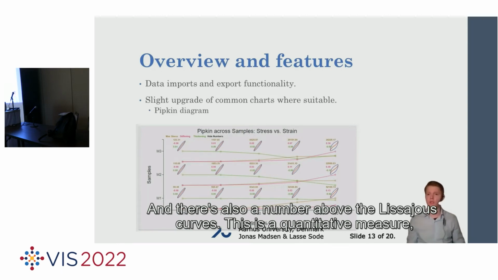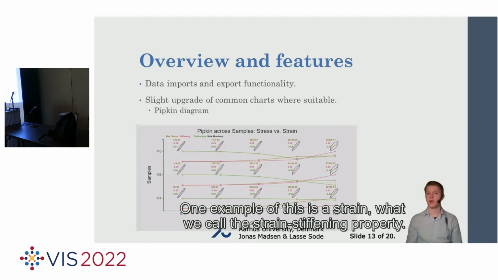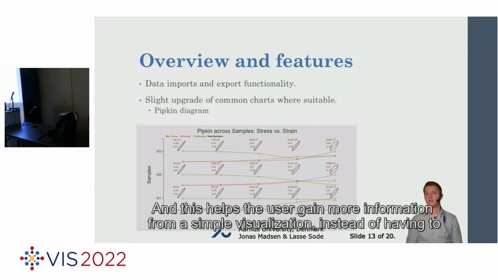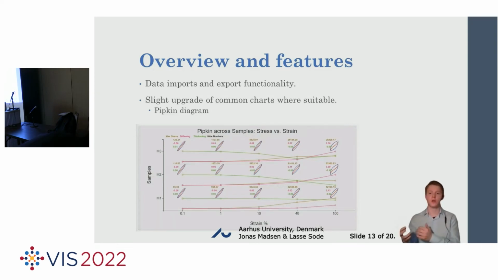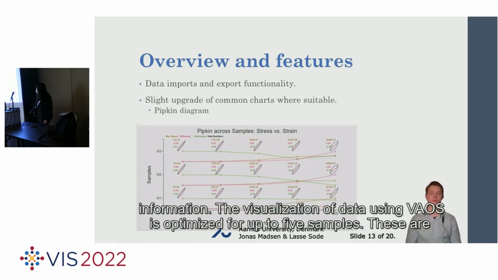This is a quantitative measure that tells you more information about the viscoelastic properties of the material. One example of this is what we call the strain stiffening property. And this helps the user gain more information from a simple visualization instead of having to manually compute these properties or having to look at other visualizations to gain the same information.